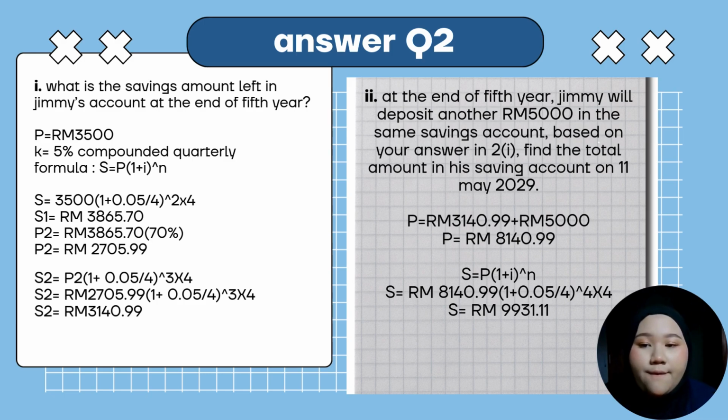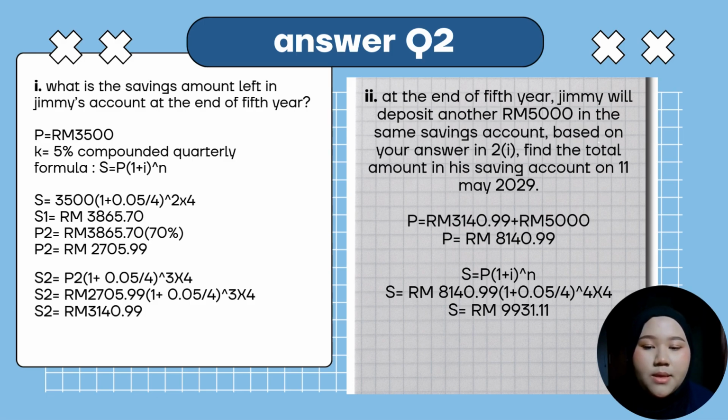For P2, P2 equals RM 3,865.70 times 70%. So the total is RM 2,705.99. The final S is RM 2,705.99(1 + 0.05/4) to the power of 3 times 4.